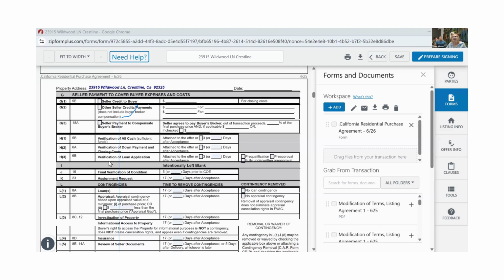And then lastly, verification of loan application. You want to include your pre-approval. If you're unclear whether it's a pre-qual, pre-approval, or a fully underwritten pre-approval, then just talk to your lender. Like I say, you're making this in cooperation with the lender, so just make sure you know exactly what you're including with the offer.